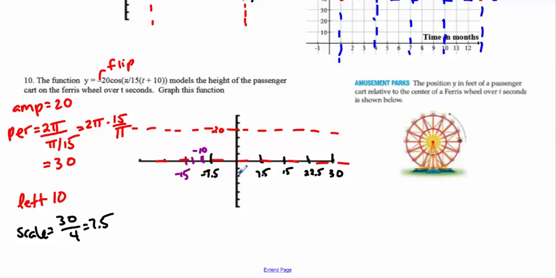And then I need negative 20. 5, 10, 15, negative 20. I'm starting back here at negative 10. And since I know my period is 30, if I add 30 to negative 10, I'm going to end over here at 20.